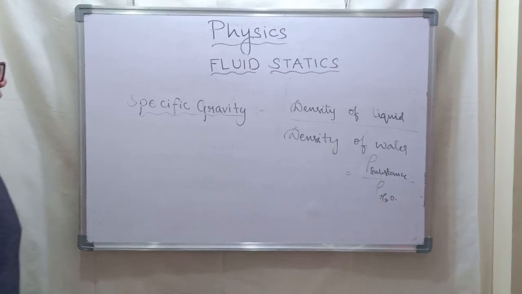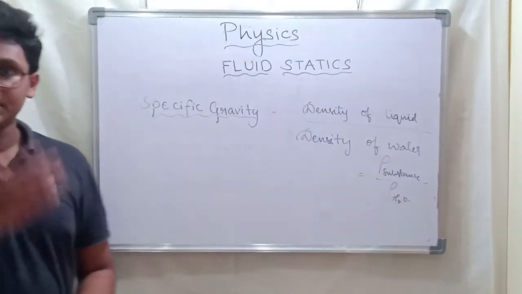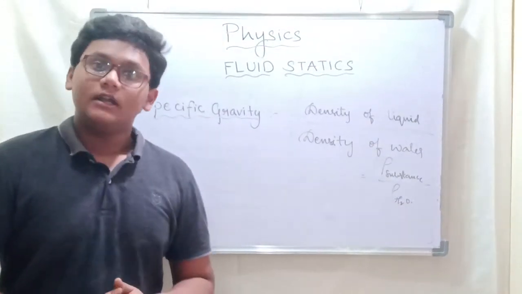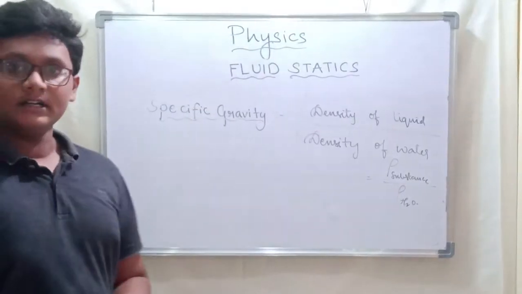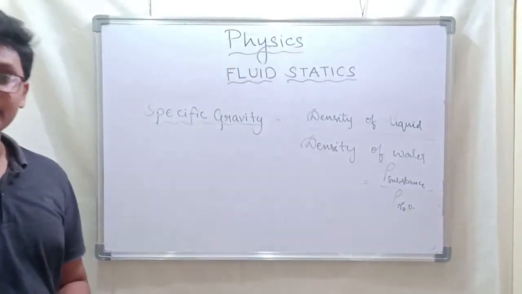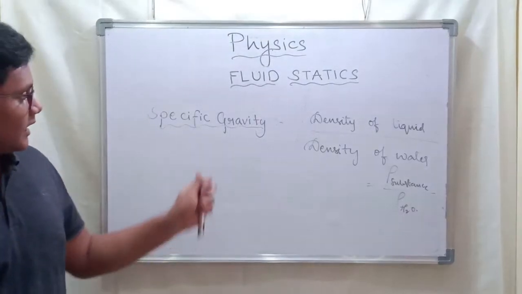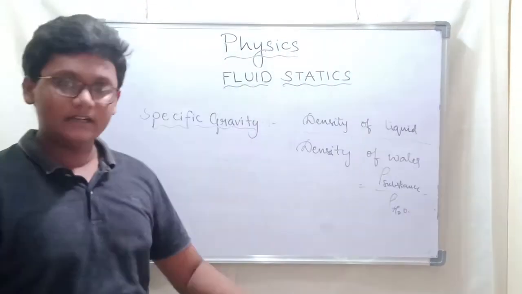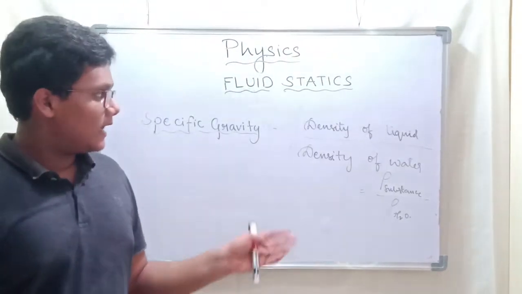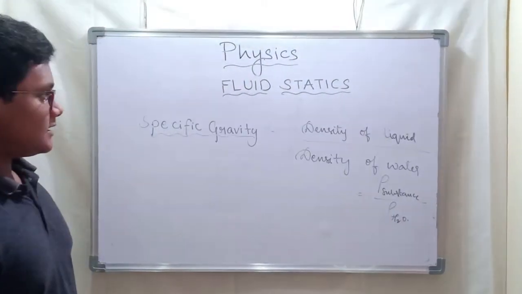Correct. Now the topic is specific gravity. It means the density of a liquid with respect to the density of H2O, and it can also be said in the words of relative density: the density of a substance with the reference substance being water. This is specific gravity.